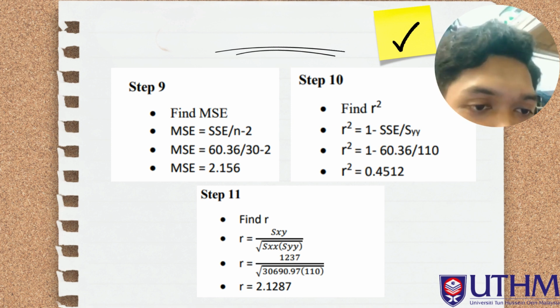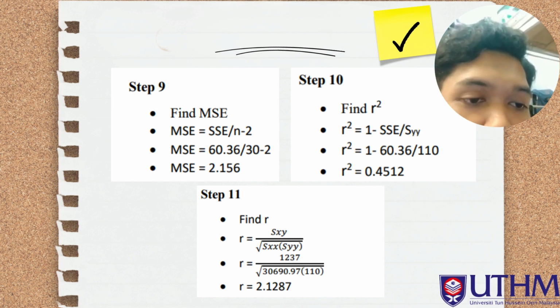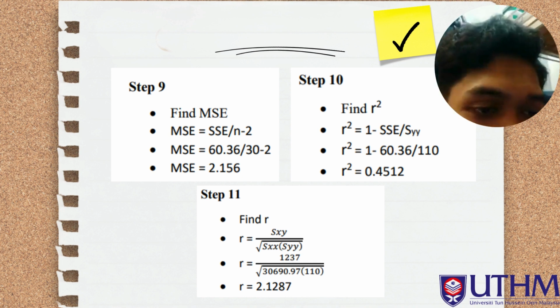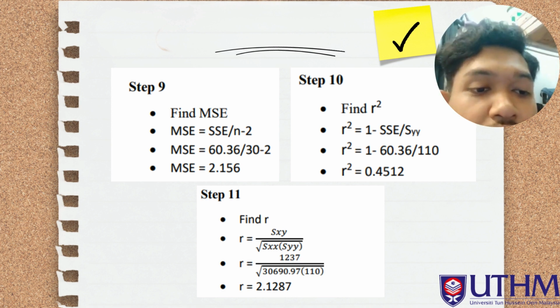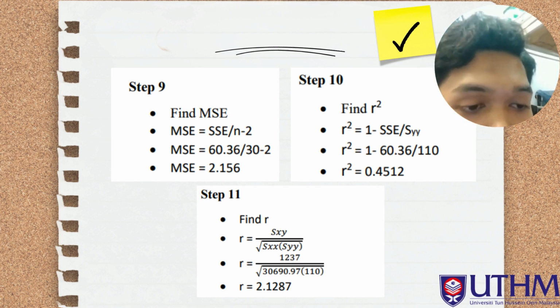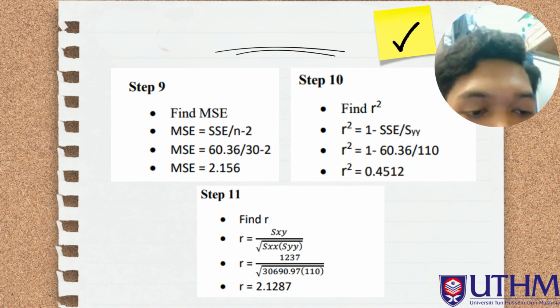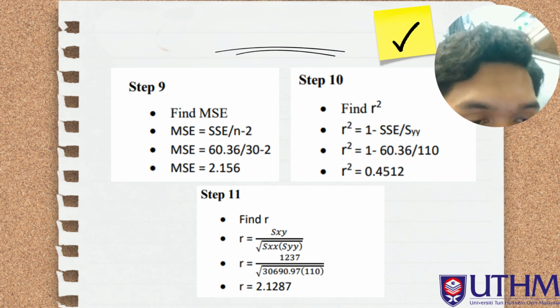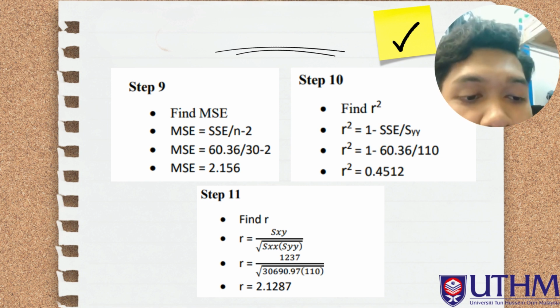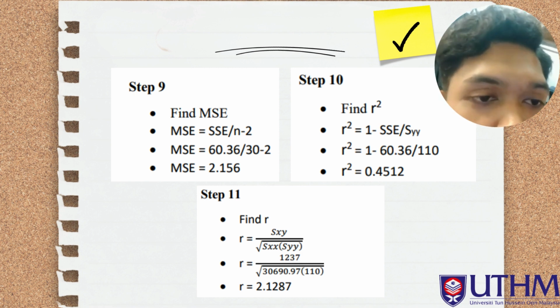And step 10, we find R squared, and the value of R squared is 0.4512. And the last step, we find R. The formula for R is SXY over the square root of SXX times SYY. So R equals 2.1287. That's all from me. Thank you.